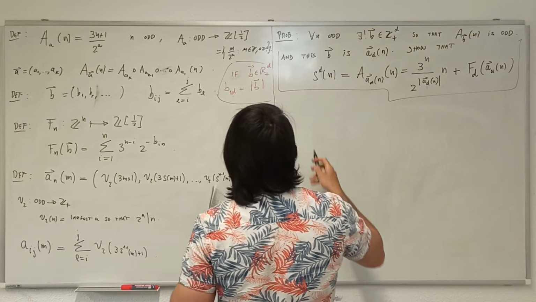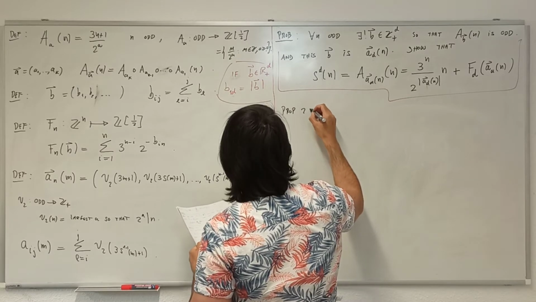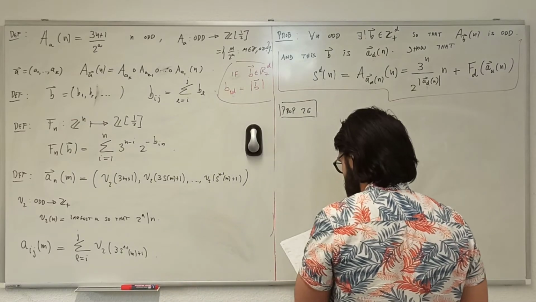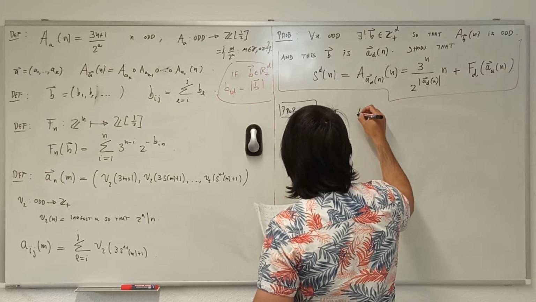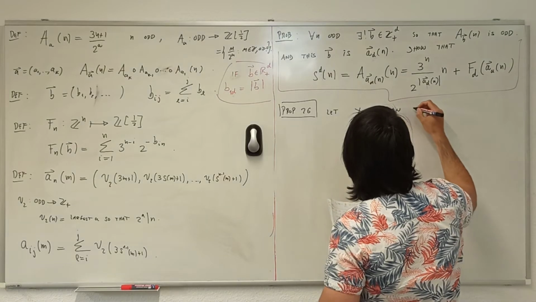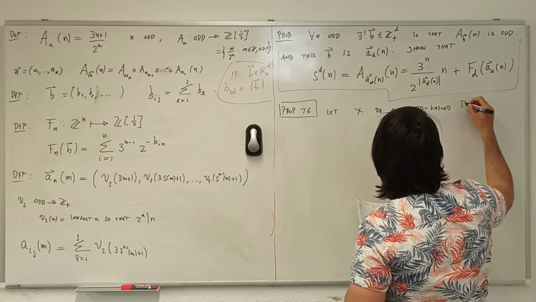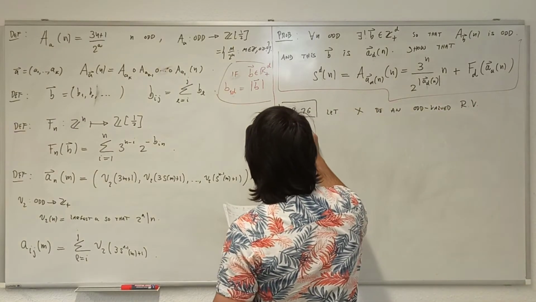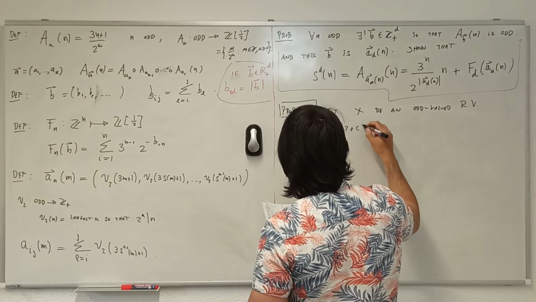So proposition 26. Is this 26? Yes. The previous was lemma 25. So let x be an odd valued random variable, and let m be greater or equal than 2 plus c times n.